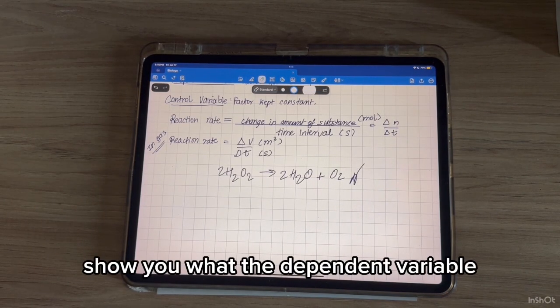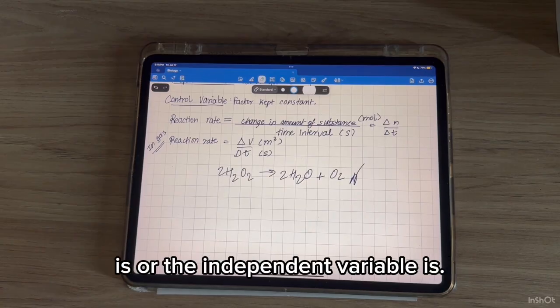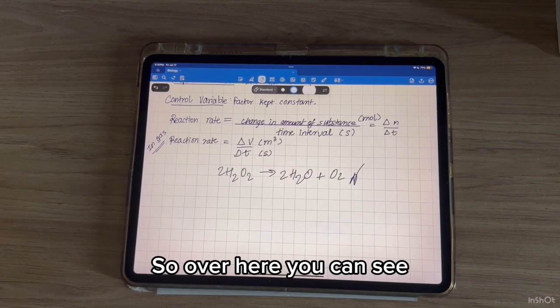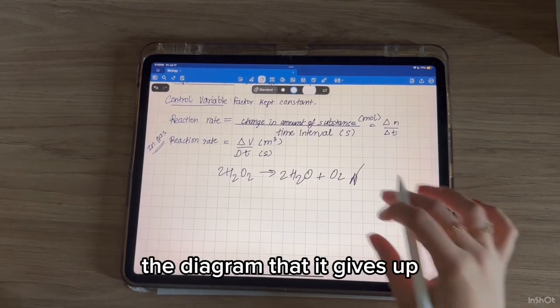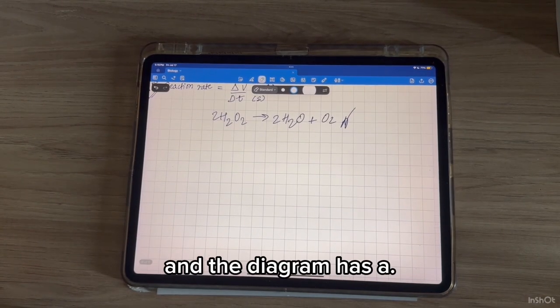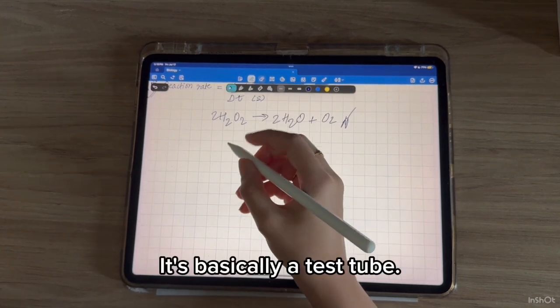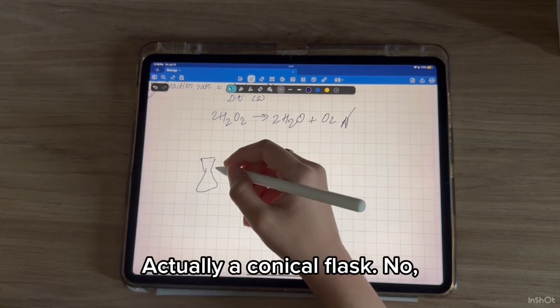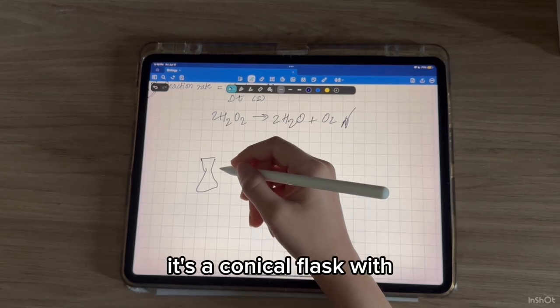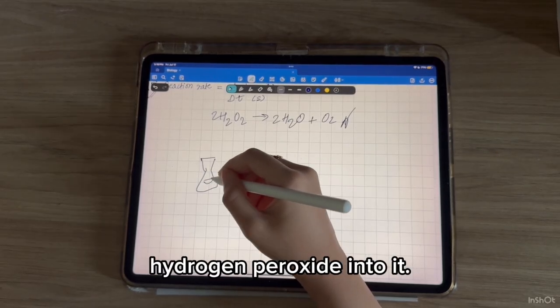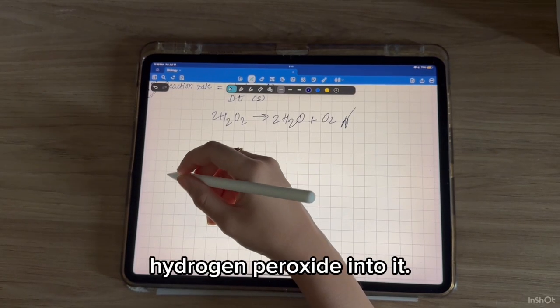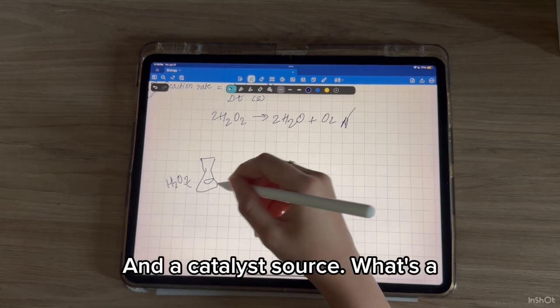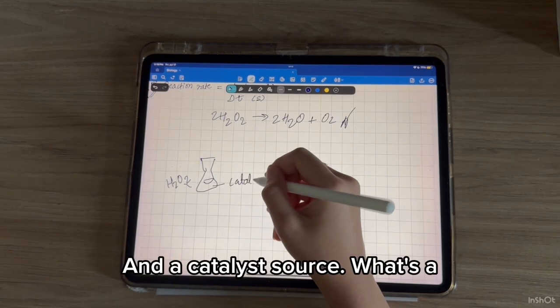This example can show you what the dependent variable and the independent variable are. Over here you can see the diagram that it gives, it's a conical flask with hydrogen peroxide in it and a catalyst source.